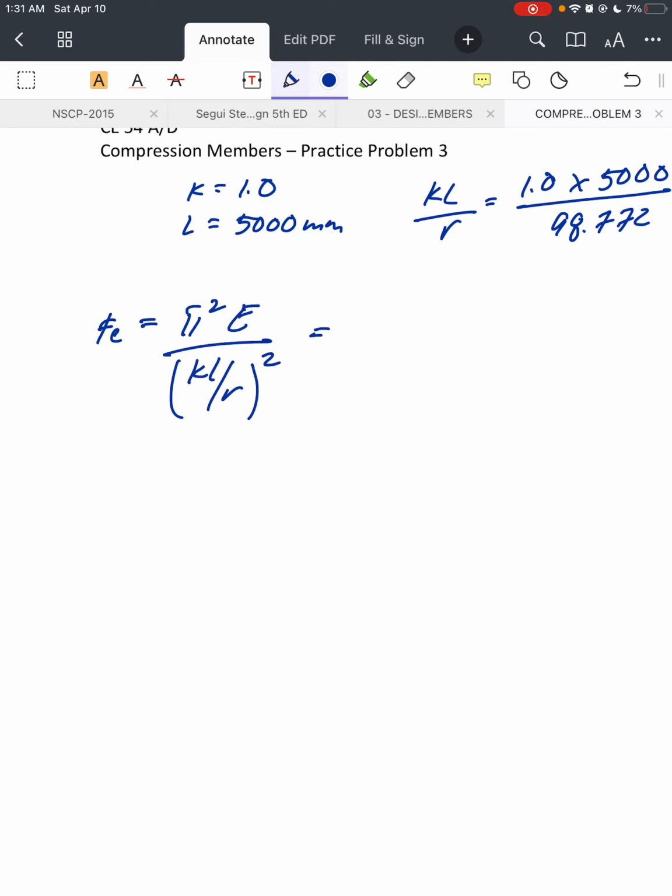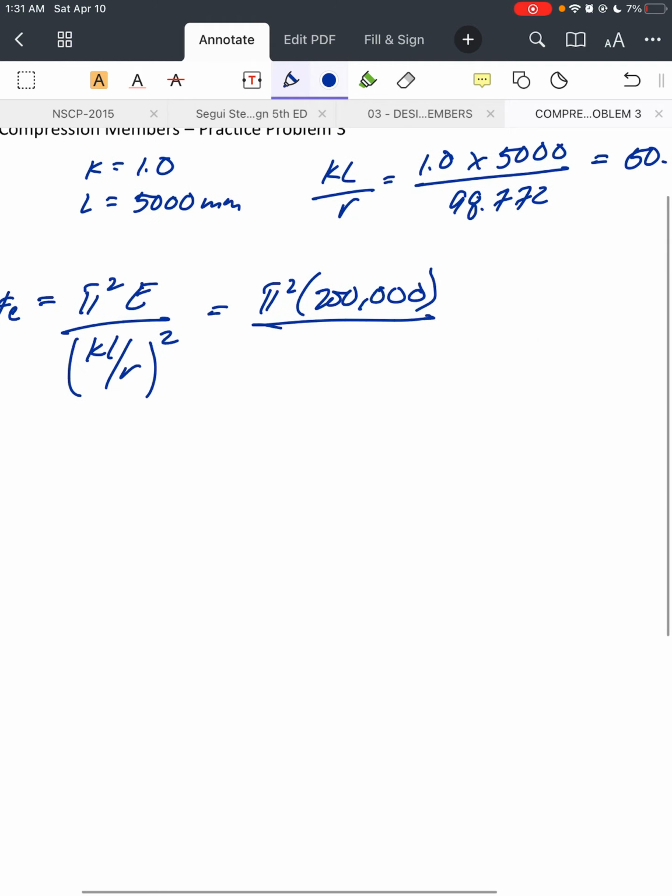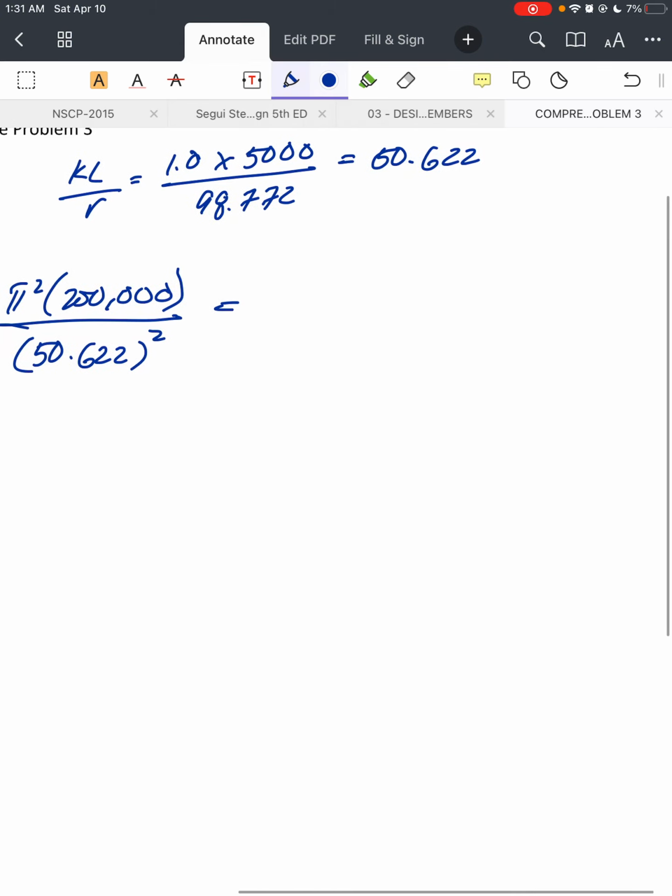So you have pi squared times 200,000 over 50.622 squared. You now have 770.28 MPa.